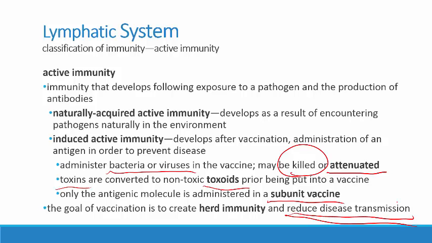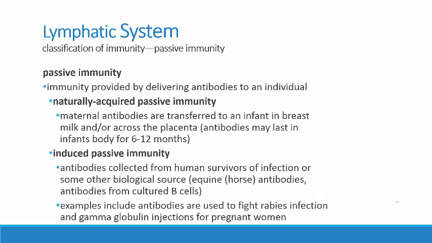Okay, so that's active immunity, but there's another way that we can give immunity to someone, and that's called passive immunity, and that's when antibodies are delivered to an individual by some means. So there are two ways, just like with active immunity, two ways you can get passive immunity.